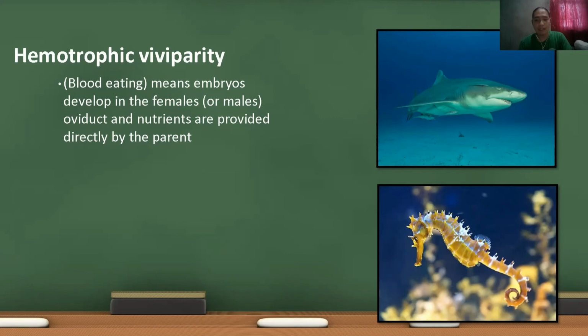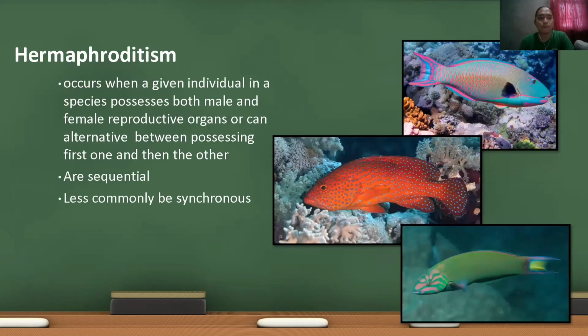It is a similar structure, or analogous, to the placenta seen in mammals. The example species here are the surfperches, splitfins, lemon shark, seahorses, and pipefish.